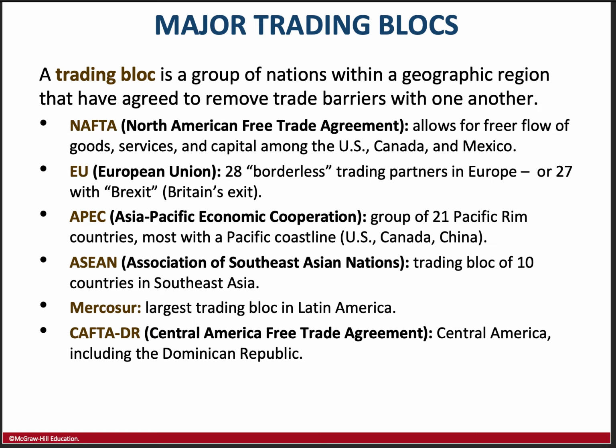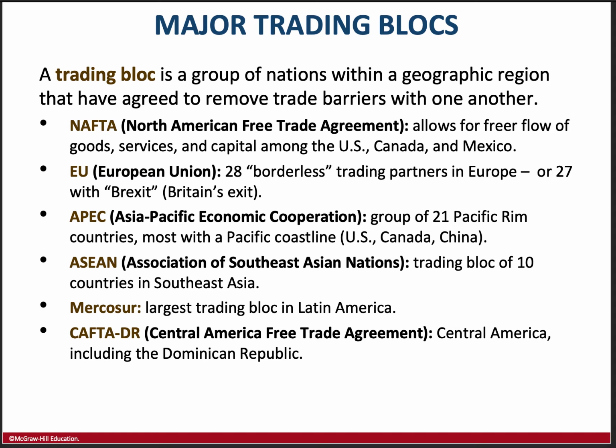And then Mercosur is the largest trading bloc in Latin America. And then you have the Central America Free Trade Agreement, which includes DR, the Dominican Republic. So it has all of Central America and the Dominican Republic. So these are the major trading blocs that have no trade barriers amongst themselves.